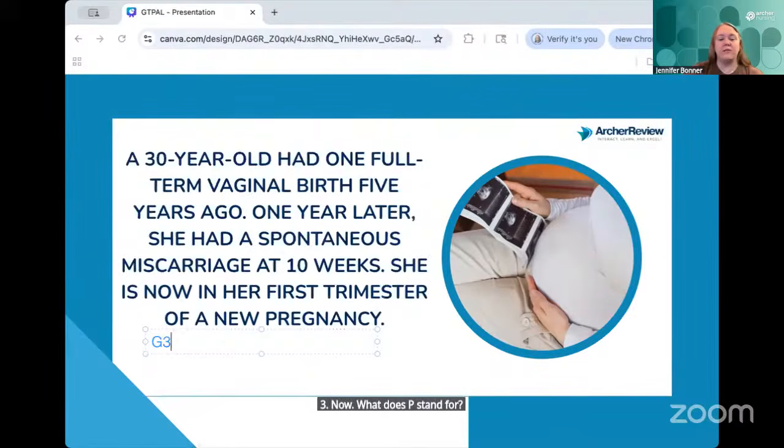Now, what does T stand for? T is term. So how many term has she had? She had the full-term vaginal birth, and that's it. So she's a T1. What about P? P stands for preterm. So how many pregnancies ended between 20 weeks and 36 weeks and 6 days?